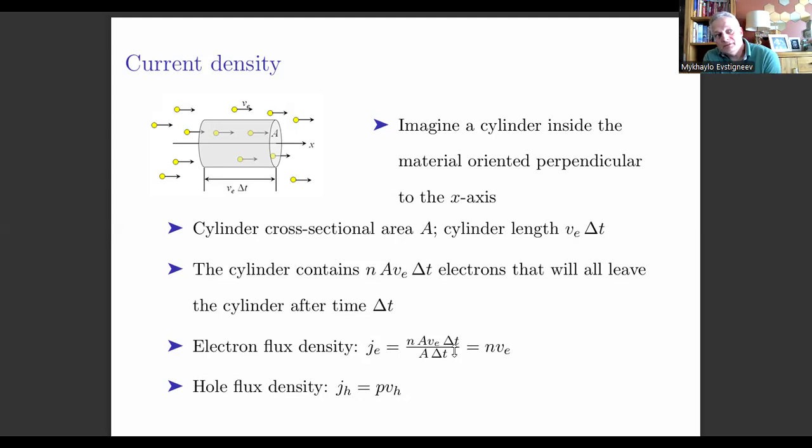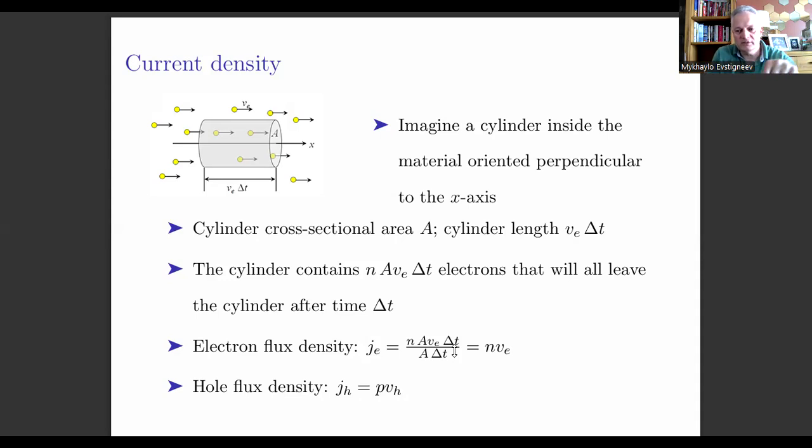And you can apply dimensional analysis to find the only correct combination of N and V, which has the dimension of the flux density. The flux density is measured in inverse squared centimeter times inverse second.